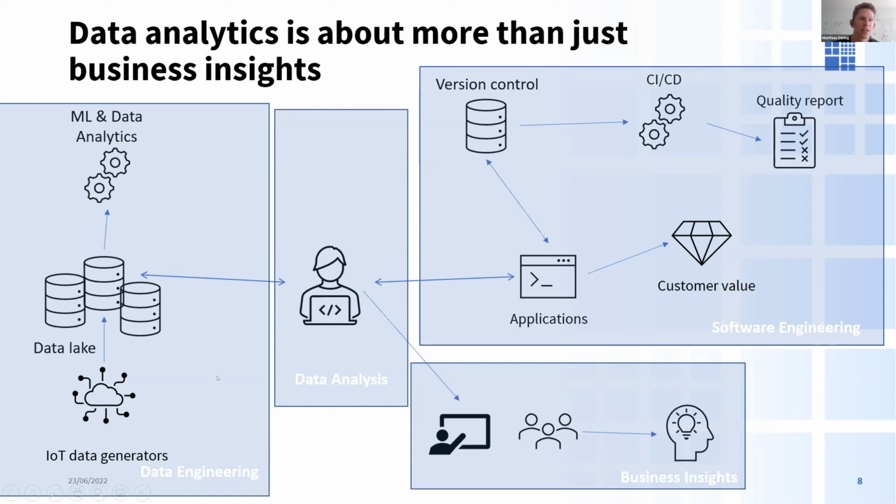So when you have your, let's say, nice data lake, right? Of course, you want to run some machine learning and automated data analytics on that to gain even more value from the data you collected over the years. So I think it's really crucial that all of these things are connected: data engineering, data analytics, software engineering, to get the most out of the data.